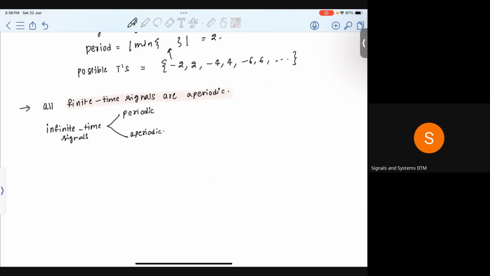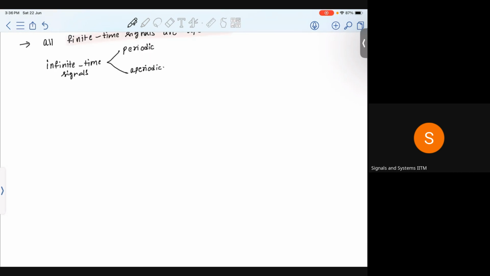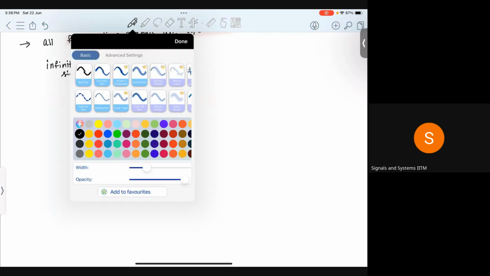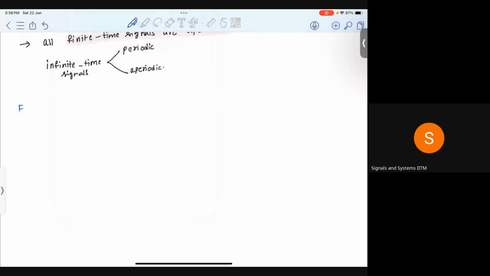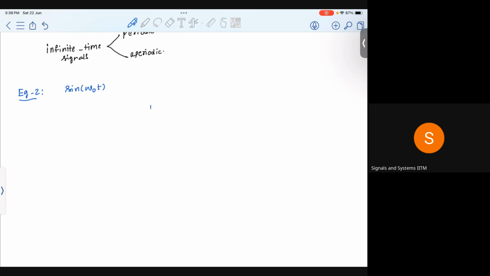Another example I would like to give is sine omega naught t. If you plot this sine omega naught t, what happens?